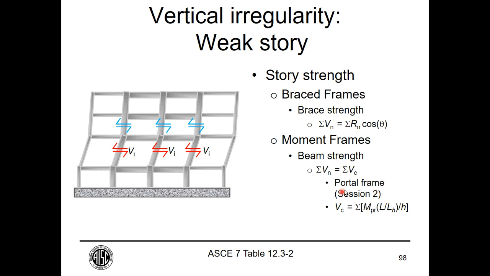We can calculate the shear at each column using the probable moment at each beam, amplified by the full length divided by the length between hinges, divided by the story height h. So if this L over L sub h is the same at every story, which it may well be, you can cancel it out, and it's just the probable moment of the beam divided by the height.